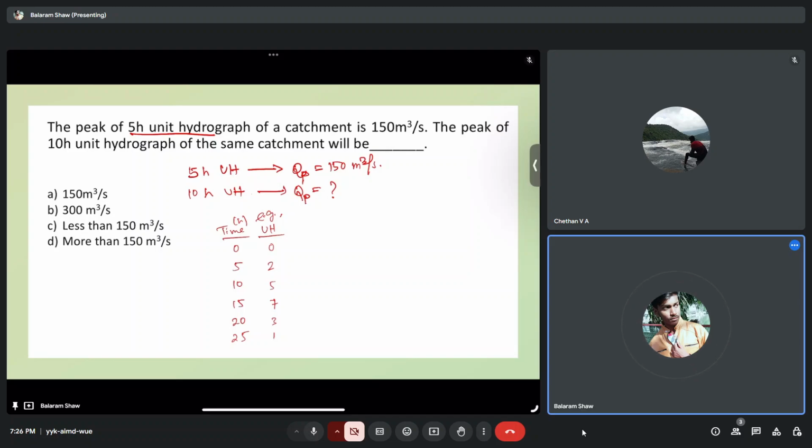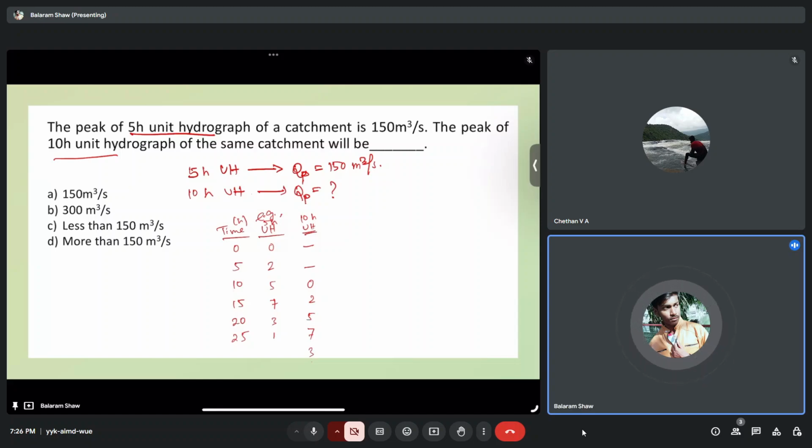Now for the 10-hour unit hydrograph, you have to give a lag of 10 hours, and then it will start again: 0, 2, 5, 7, 3, 1.